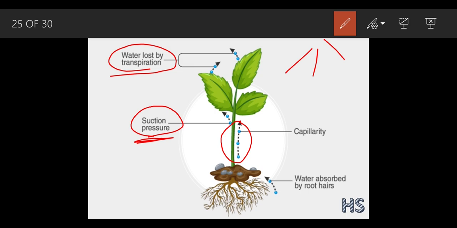The suction pressure will go down and try to reach the roots, and the roots will absorb a lot of water and minerals, and because of this there would be the creation of a vacuum, which we are going to call suction also, vacuum.